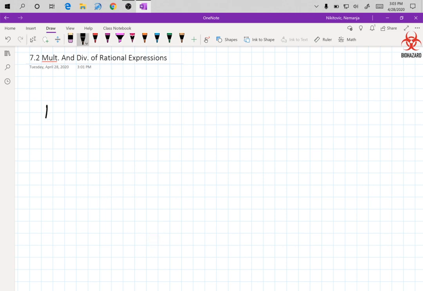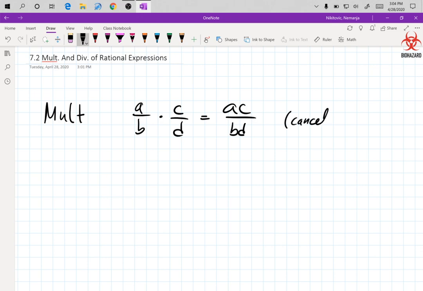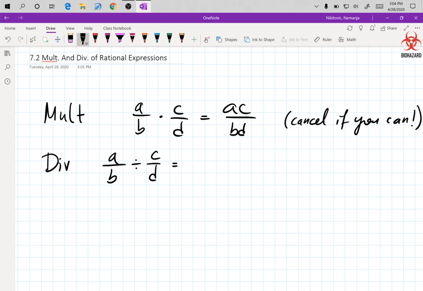So for multiplication, we will just go straight across, cancel if you can, and for division we'll have a over b divided by c over d, we flip to d over c, and then you'll have AD over BC.